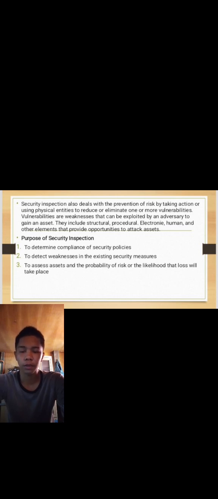So the role of security inspection is in preventing risk, and this outlines its purpose. Risk prevention is important. Security inspection also deals with the prevention of risk by taking action or using physical entities to reduce or eliminate one or more vulnerabilities.